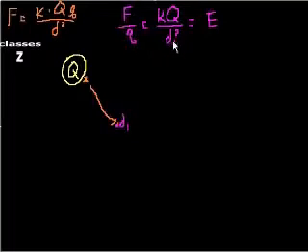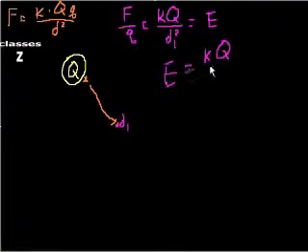So instead of having a particular distance, we'll define the field for all distances away from the point Q. So the electric field could be defined as Coulomb's constant times the charge creating the field divided by the distance squared, the distance we are away from the charge. So essentially we've defined it so that if you give me a point around this charge, anywhere, I can now tell you the exact force.